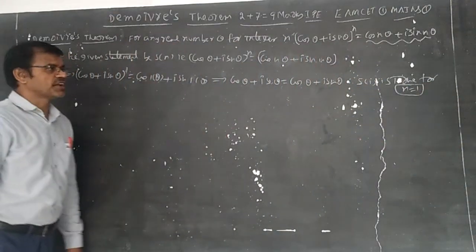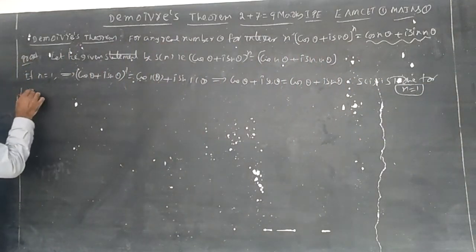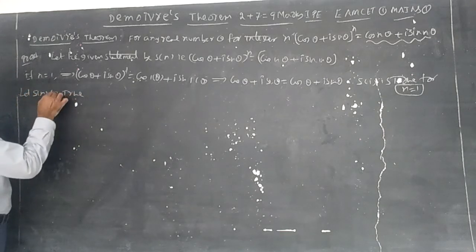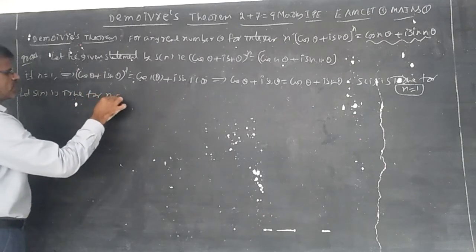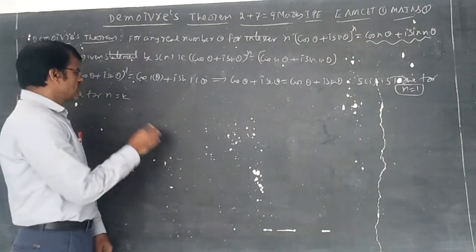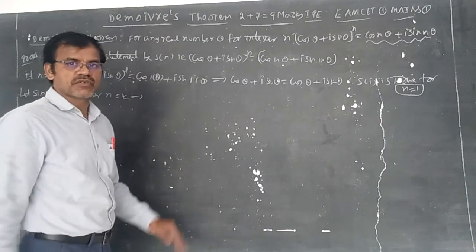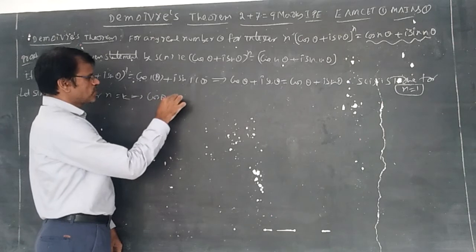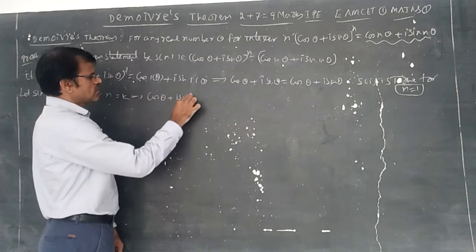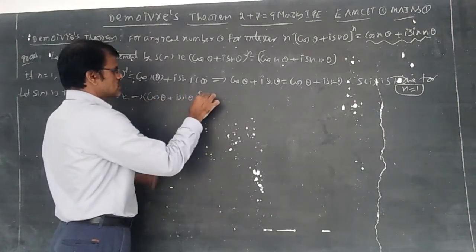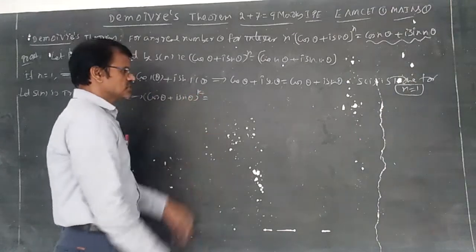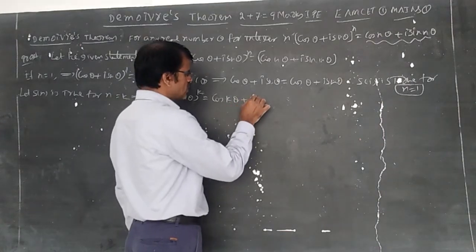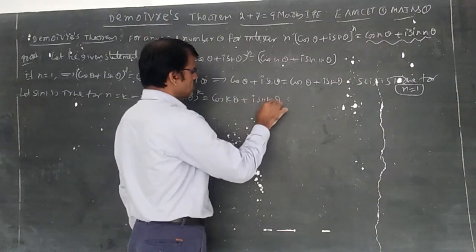Whenever Sn is true for n equal to 1, let Sn be true for n equal to k. We should write this, as you have done plenty of times in first year. So you need to write (cos theta plus i sin theta) whole power k is equal to cos k theta plus i sin k theta.